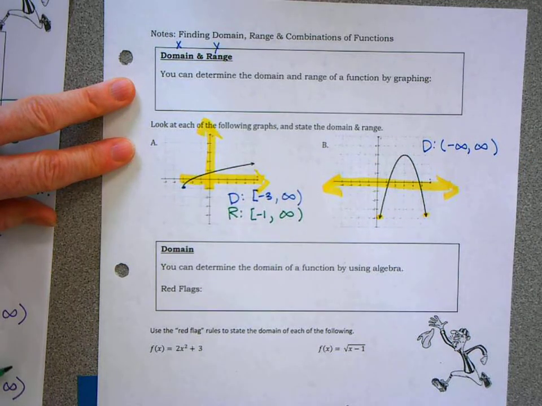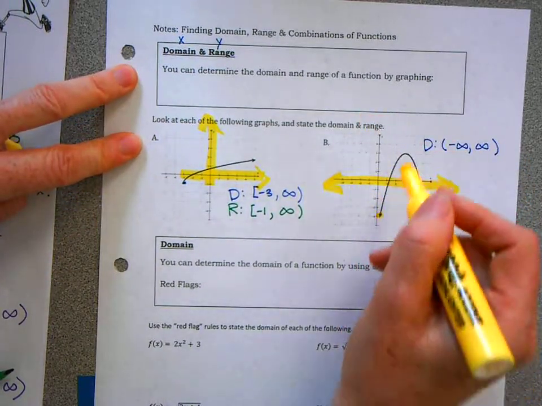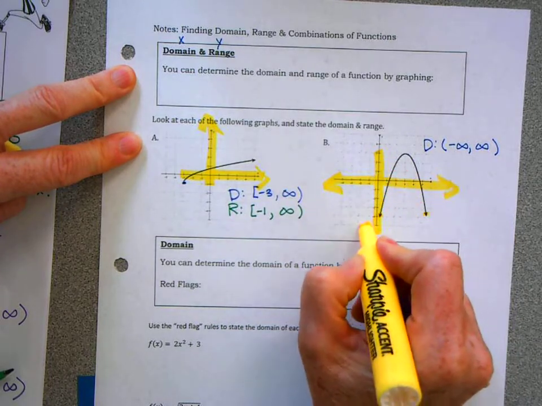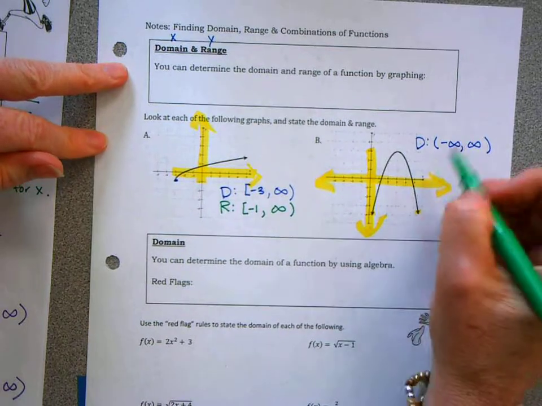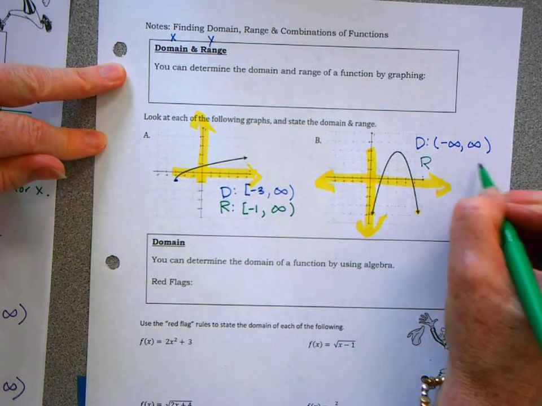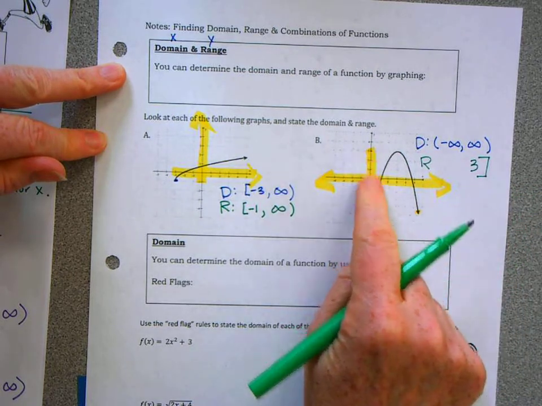The range, let's look at this. Looking at the y-axis, I see that it exists up here at 3 and everywhere below. So that tells me my range. My range includes +3. Now notice it's everything beneath 3.